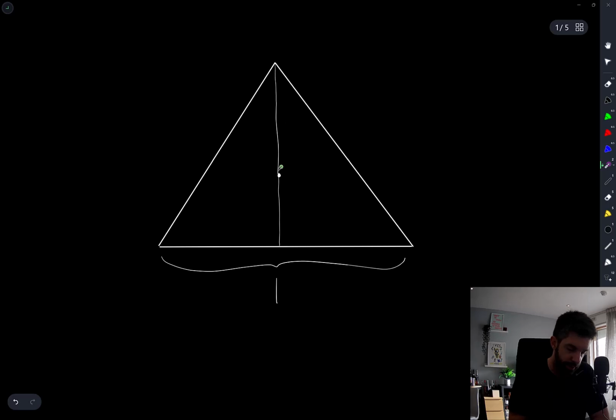Because if I rotate the line around the center, this point gets closer to the origin, and this point gets farther away, but this point gets closer faster than this point gets farther away.